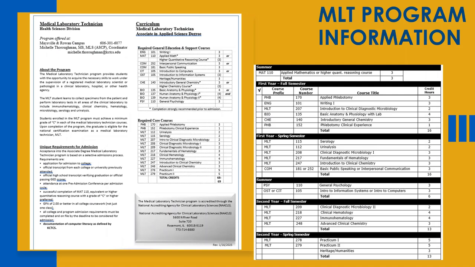Here's an overview of the Medical Laboratory Technician program. You are required to apply for admission to the college, which you can do through the MCTC website. You must complete your application for admission to the college, and that will require a transcript from any other institution which you've attended.